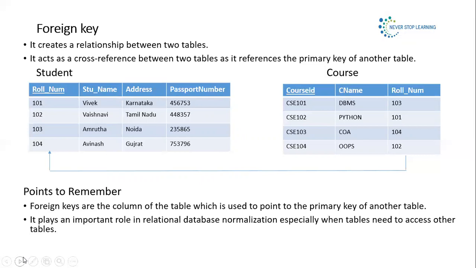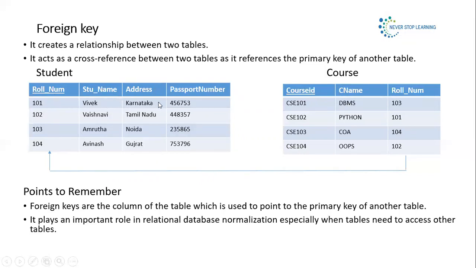Fine. So what is happening, if you can see here, I have two tables. One is the student table, another is the course table. Now as you can see, it is underlined. That means this roll number is the primary key for this table, and course id is underlined, so course id is the primary key. That means they have the power to uniquely identify the table.